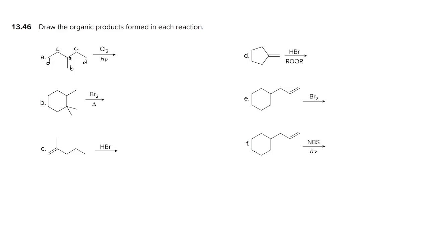So basically when we have radical chlorination, we are going to obtain a variety of products since chlorination is not that selective. So let's draw each product. Let's start from A. If we abstract a hydrogen from A, a chlorine will be substituted there. So that's the first product. And the second product will be the B position.